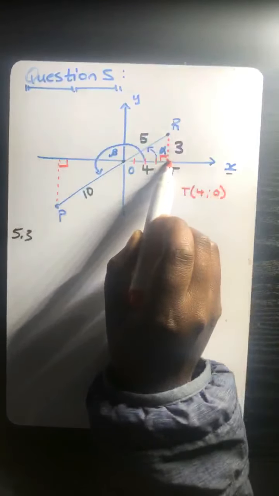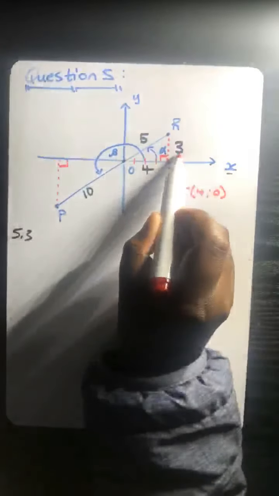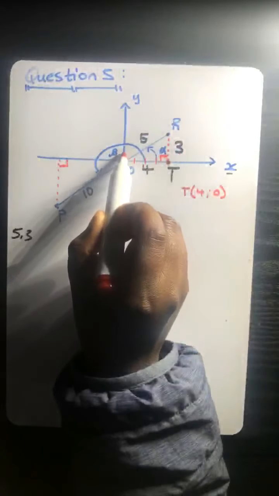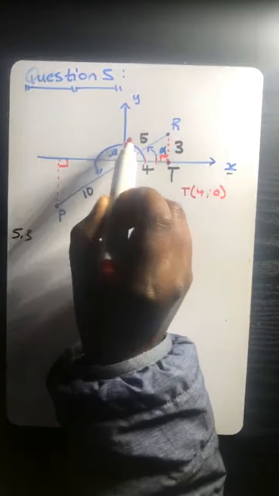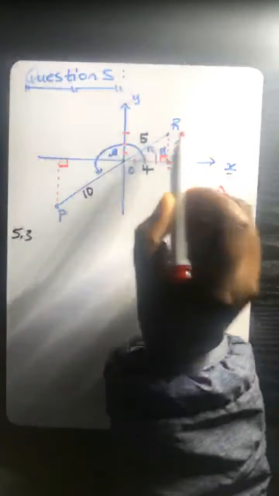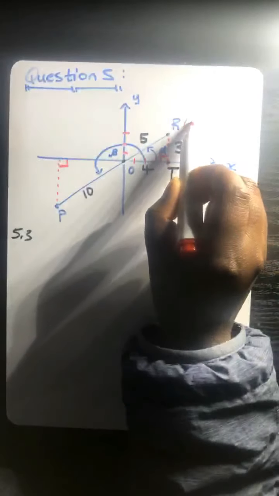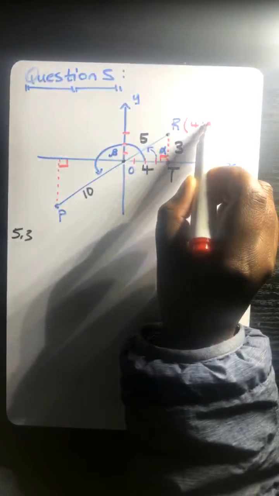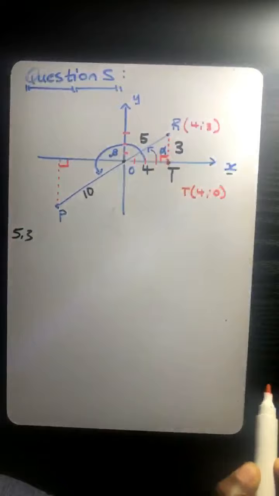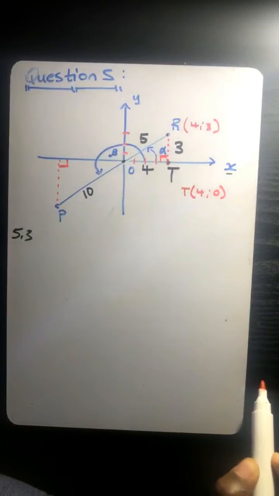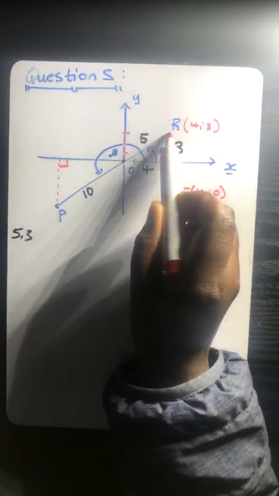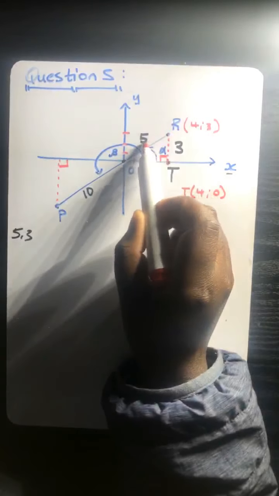Is that point there? So this 3 is actually 1, 2, and then 3 over there. So it's more like R, where x is 4 and y is 3. That's if we had to give the coordinates of each point. So from the origin to that point being R, it's actually 5.